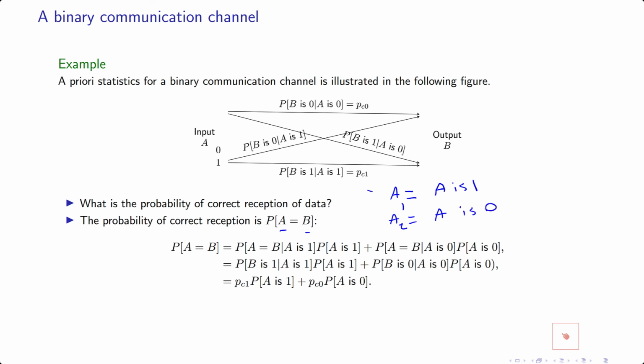So we see that these two are disjoint, and their union is the whole sample space, because your transmitted signal is either 0 or 1. So I could say that this event, given this condition, times the probability of this condition, plus the probability of the same event given the second condition times the weight of the second condition. So if you put the numbers there, you get this equation. So the total probability theorem can solve this problem very easily.